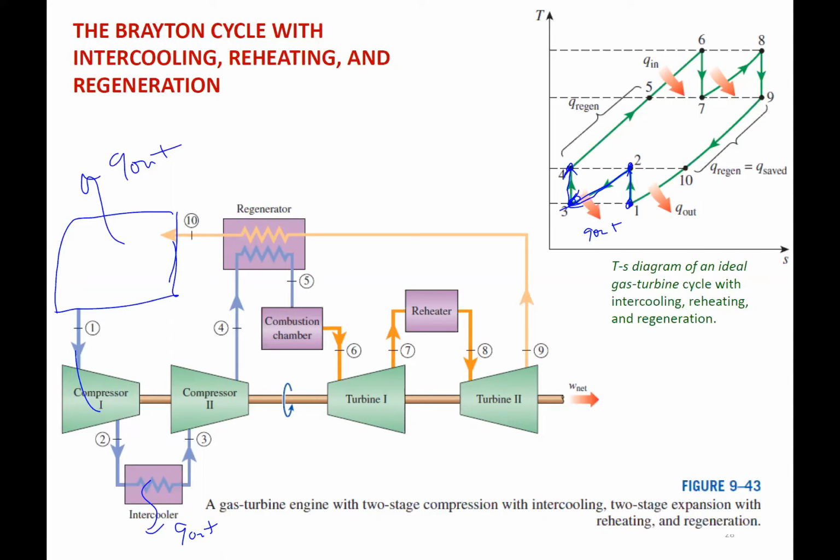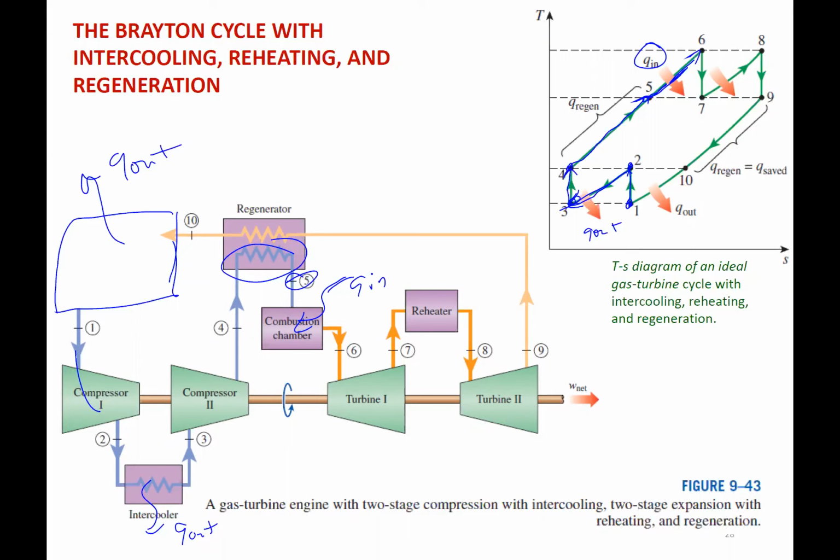Now we have our regen, where we get some thermal energy from the other side of the cycle, and it basically gets us up to 5. At constant pressure, we're adding this Q regen, and by adding that, we're increasing our entropy. Go to our combustion chamber, we have heat in, which at constant pressure again raises the entropy, so we go to 6.